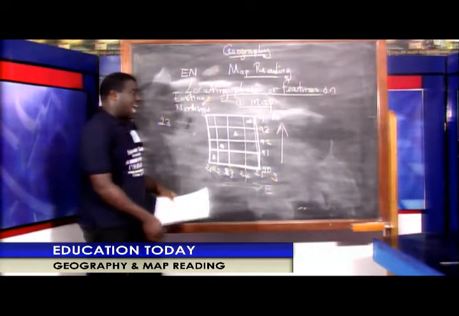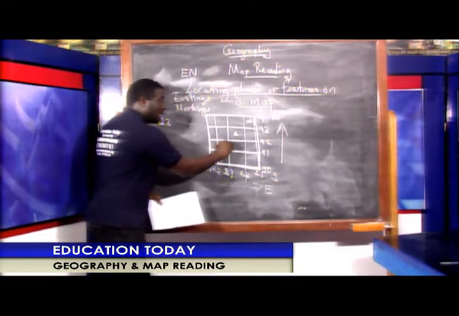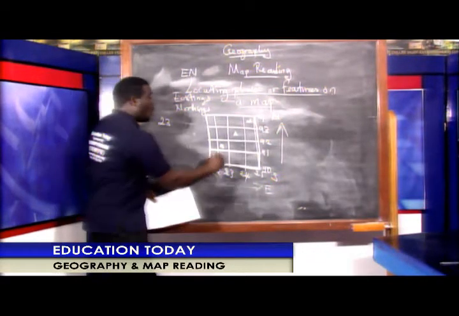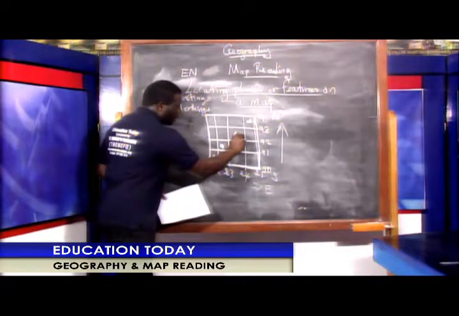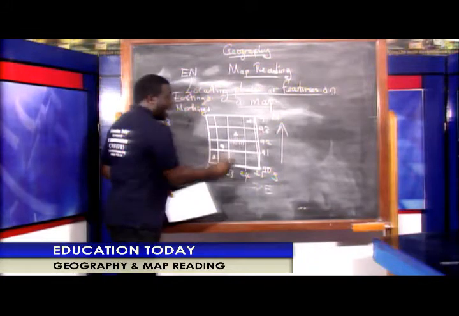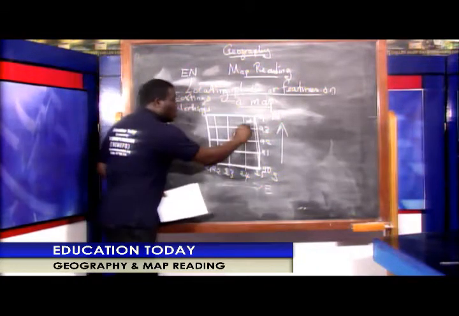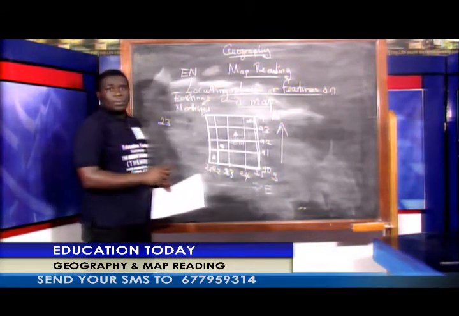This is 23. I have 23.1, 23.2, 0.3, 0.4, 0.5, 0.6, 0.7, 0.8, 0.9, and then the 10 will fall on 24. Are we okay?